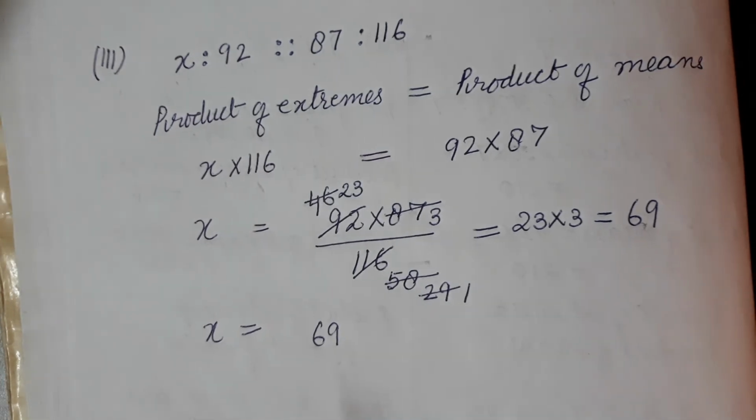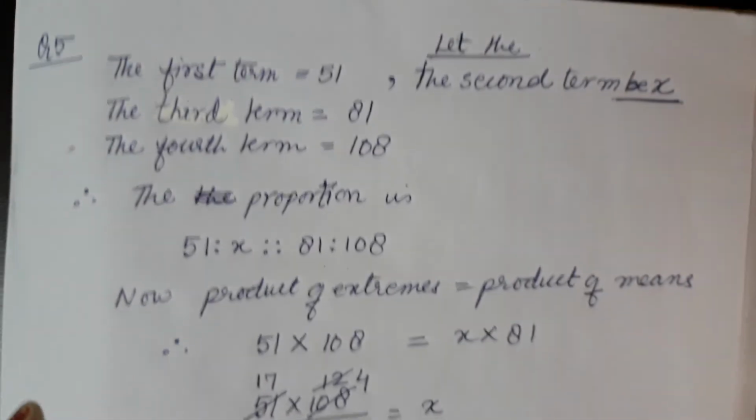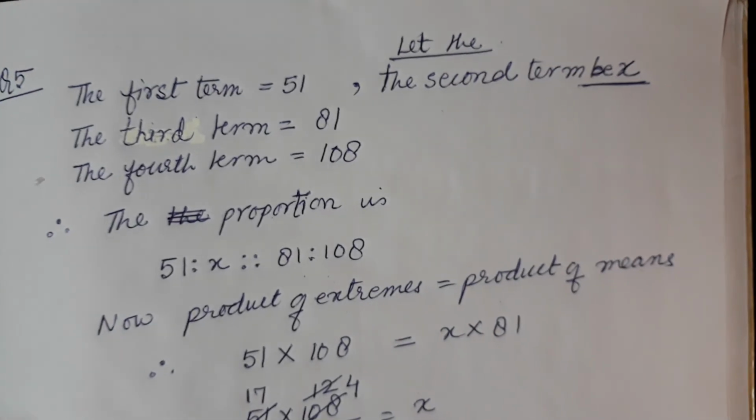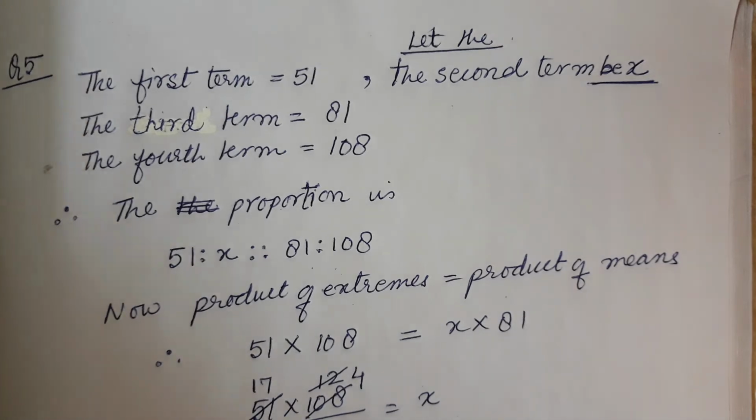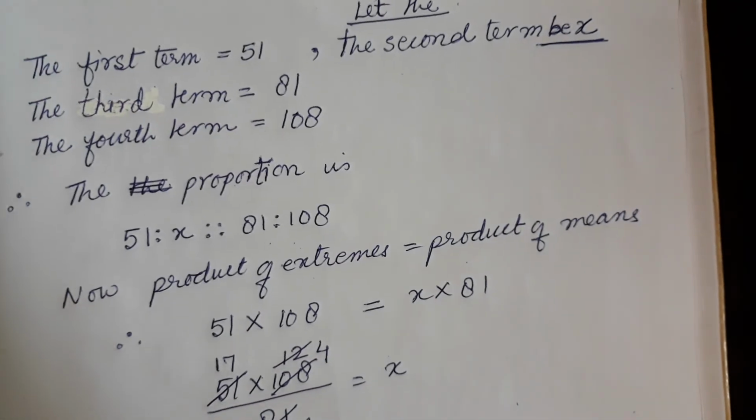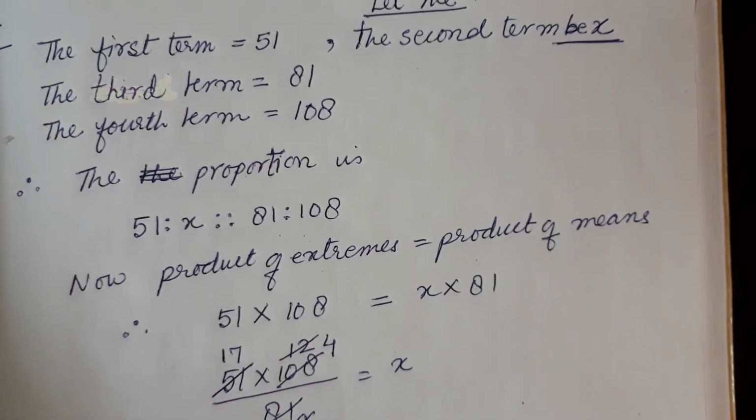Okay children, now we will discuss one more question, that is question number 5. In question number 5 it has been given that in a proportion the first, third and fourth terms are 51, 81 and 108. We have to find the second term.